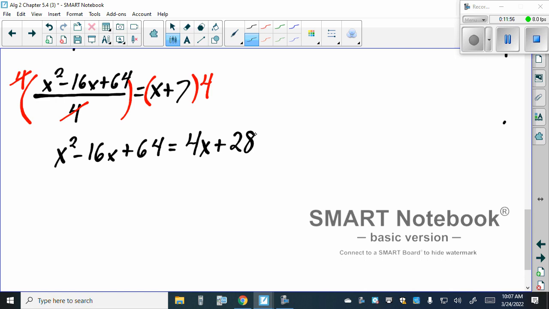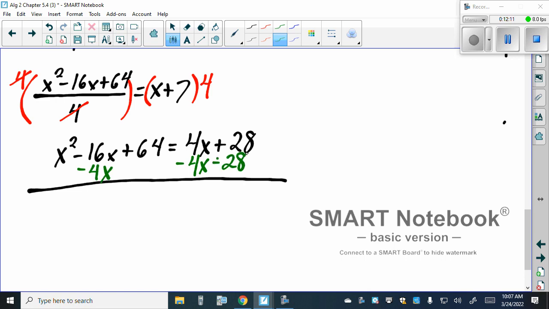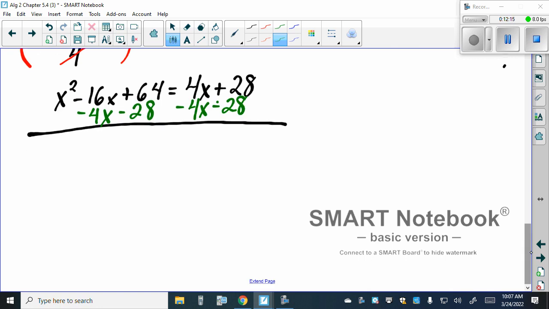Well, now it's easier to get this thing equal to 0, yes? So at this point here, we can subtract 4x from both sides, and we can also subtract 28. Here, I'm doing it in one step, just because I know you guys are starting to probably run out of room, yes?